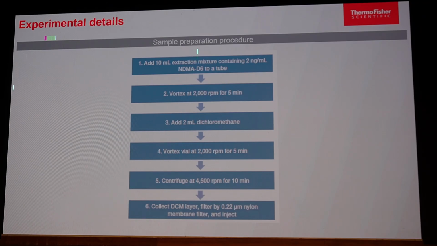With the help of internal standard, we extract with the extraction mixture, which is nothing but an NaOH solution, and back extract with dichloropropane, and then after vortexing and filtering we inject into the system.